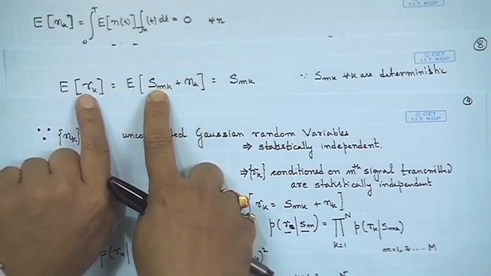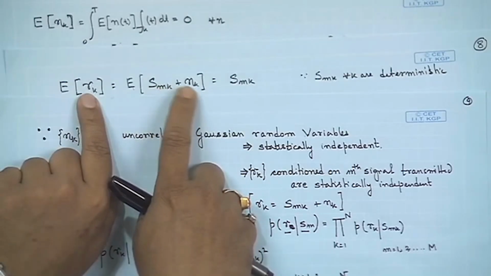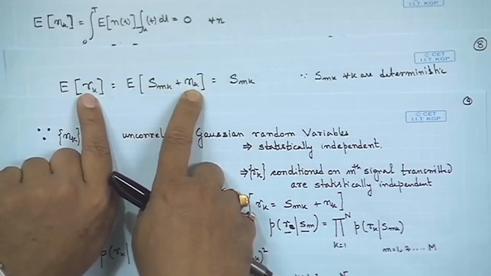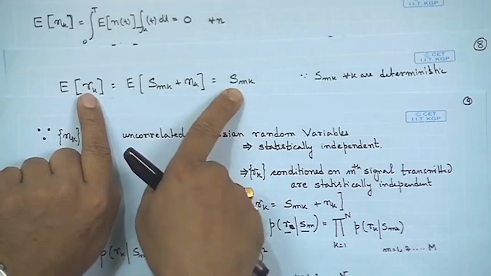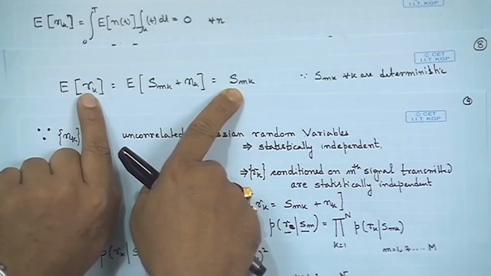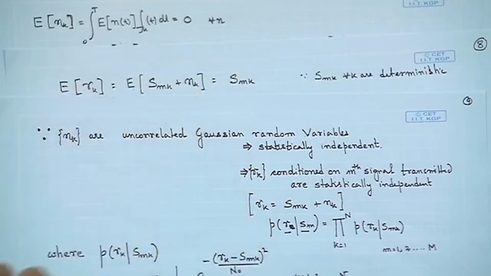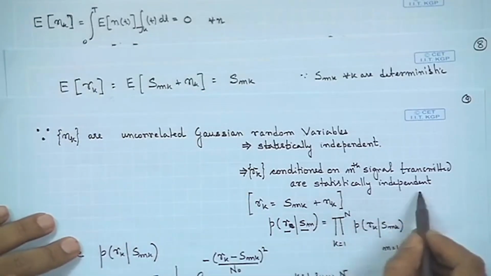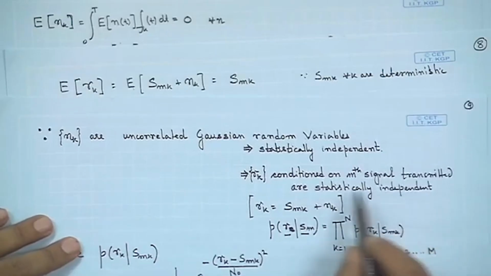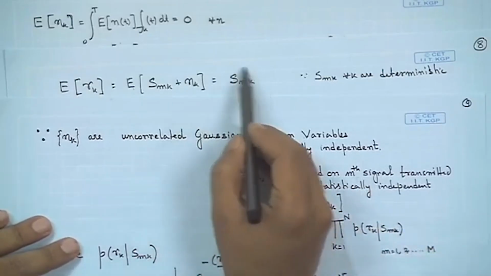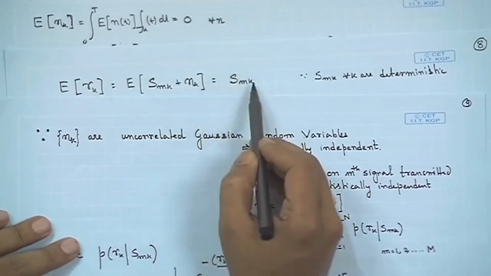So, that means, R k is a random variable which is distributed according to n k, but has a mean defined by this, and since it is distributed according to n k, it will also have the properties of n k. So, these are also statistically independent, right, and conditioned on the mth signal means given that you know the particular signal.